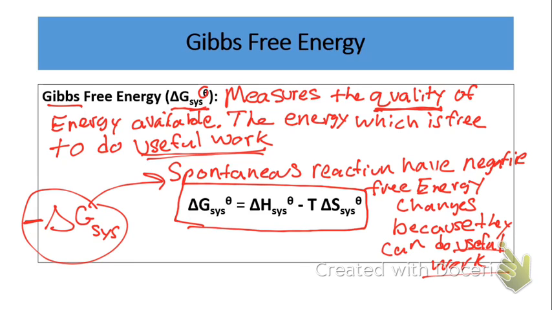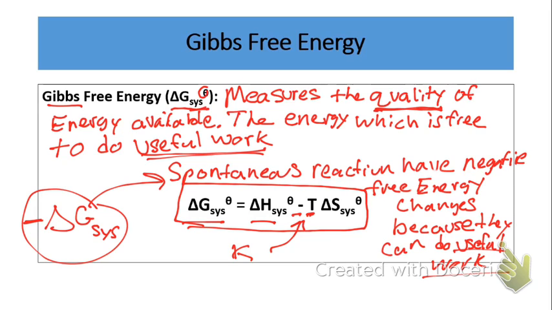So the free energy of a system can be found by taking the change in enthalpy of our system minus the temperature. That's what the T is, temperature. And the temperature, of course, has got to be in units of Kelvin, times the entropy change of the system.